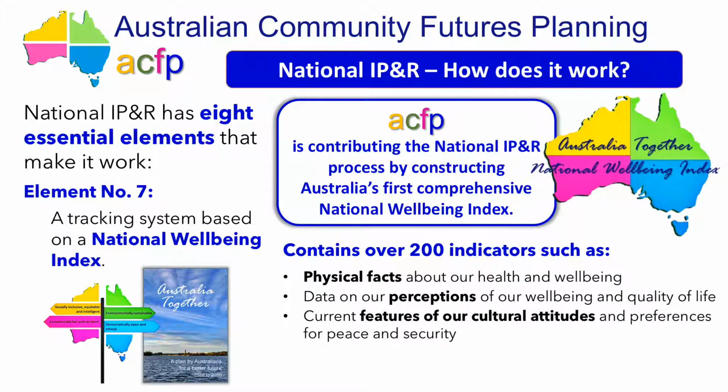And finally, it includes facts about major policies currently in force in Australia that will have a substantial effect on our wellbeing and security, such as policies affecting economic growth and labour productivity, or policies which affect the health of ecosystems, or policies which affect the health of our democracy, such as the fact that we do not have a federal independent commission against corruption, or policies which affect our security, such as the fact that we have a policy to become one of the top 10 military arms and weapons exporters in the world. These are all parts of the picture of our current well-being, security and preparedness for the future.